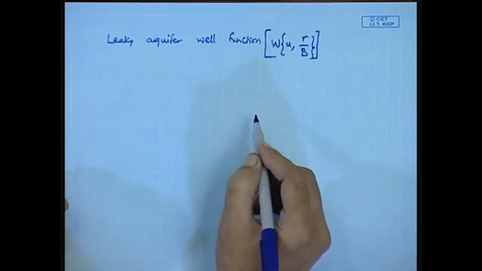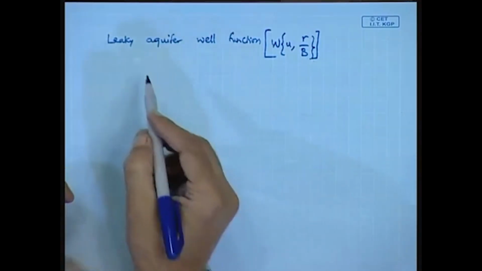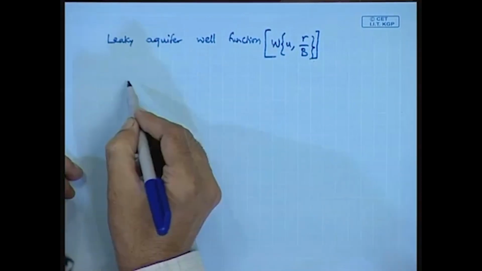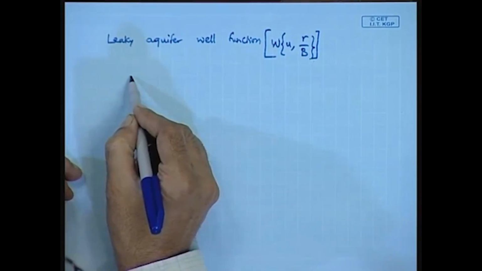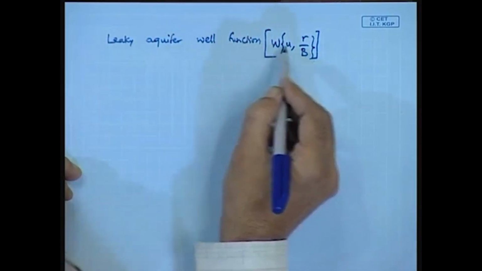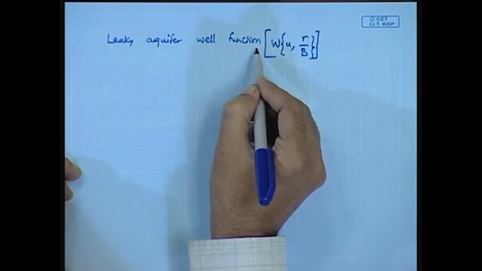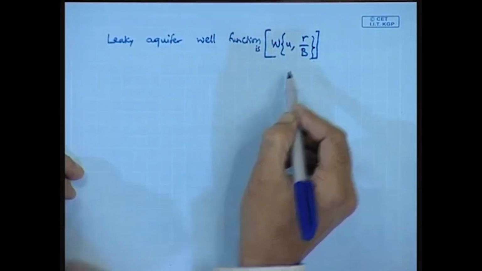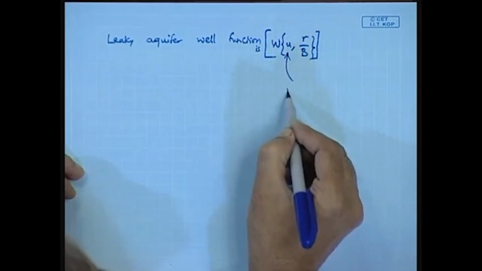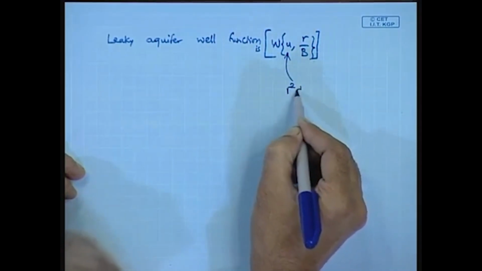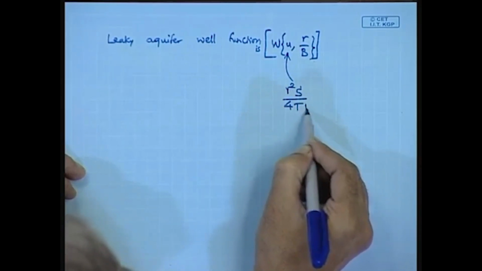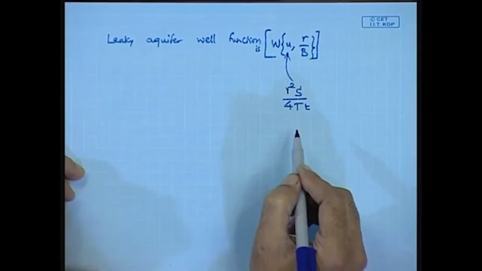This is the modified Theis equation, the leaky aquifer well function W U comma R by B, and here U is R square into the storage coefficient divided by 4 times transmissivity into the time since pumping.